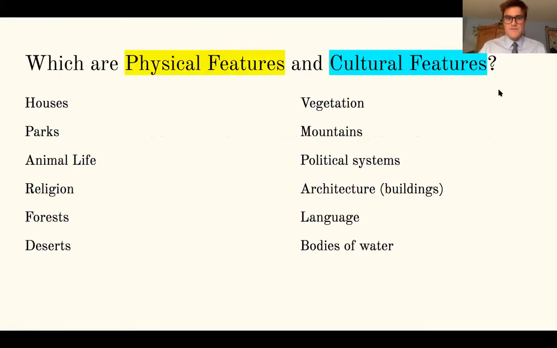Teacher Maypo is going to pause the video, and all of you are going to have the chance to look at these things and take a guess. Go one by one. First houses, then parks, then animal life. Go through this list and see if you can identify which are physical features and which are cultural features. We're going to pause the video to do that right now.